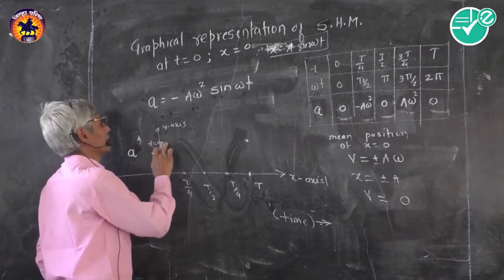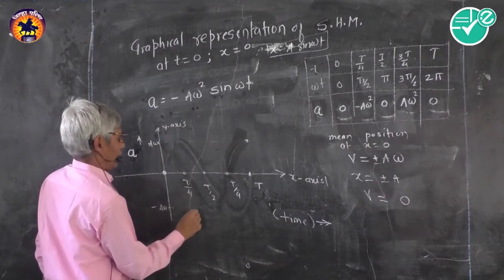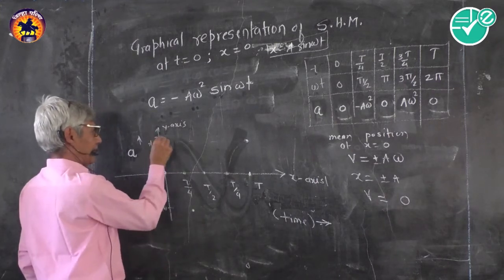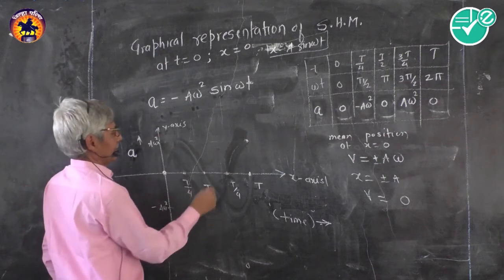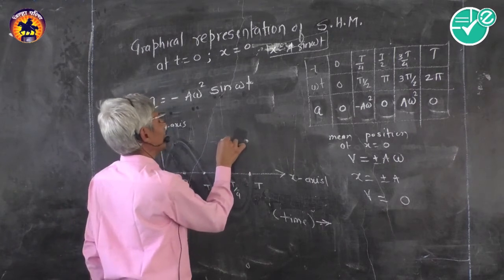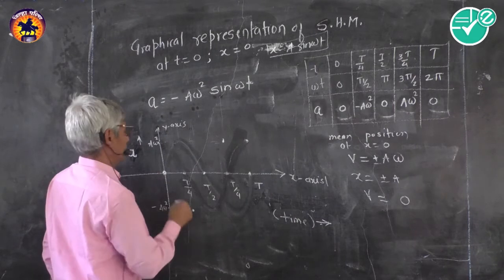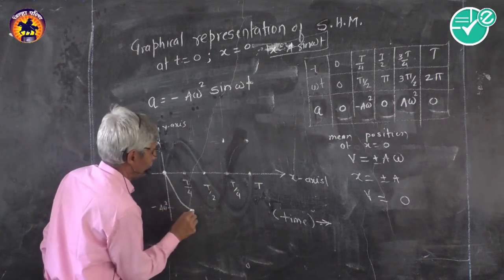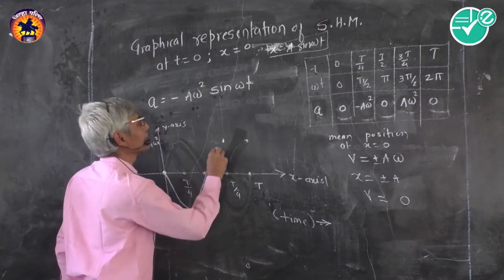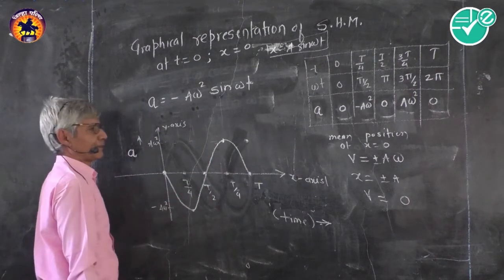These different values of the acceleration are 0, minus a omega square, 0, plus a omega square, and 0. So this is the curve. If we join these points, this is again sinusoidal.